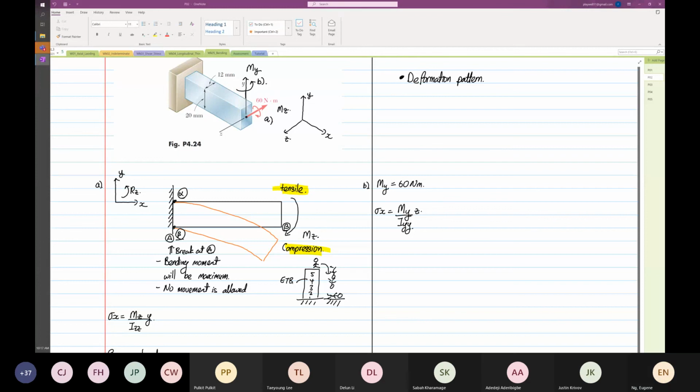Again, by right I should put a minus sign here, but don't worry about the sign, because once you look at the deformation, you know whether it is positive or negative. Okay, so I'll write down here.